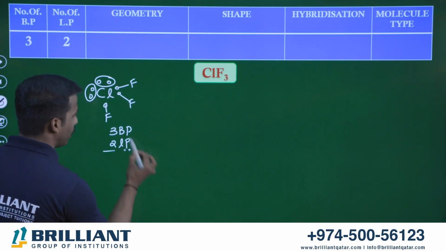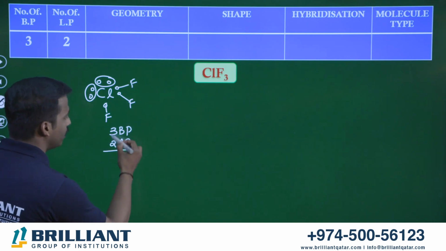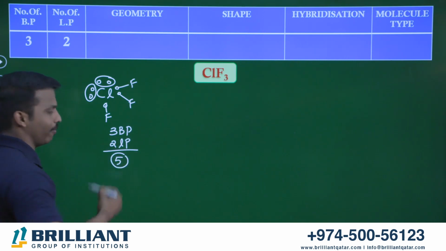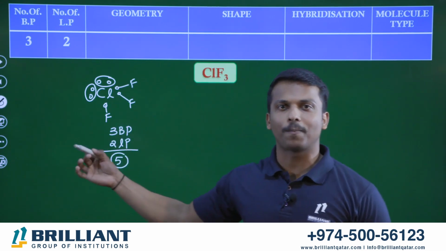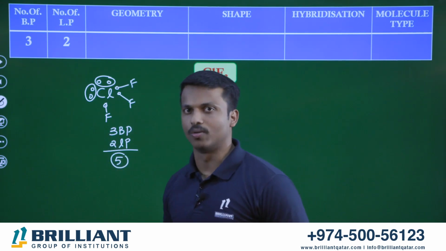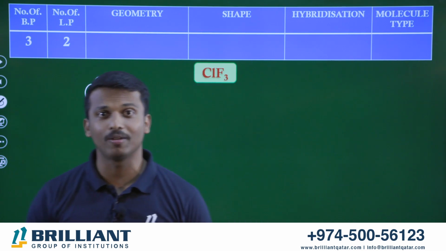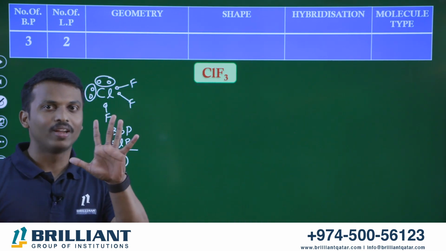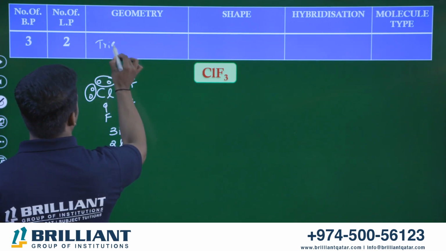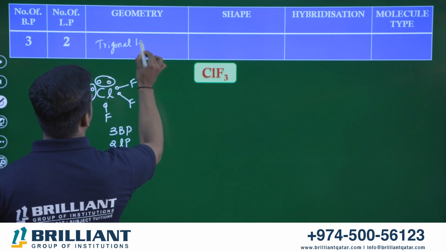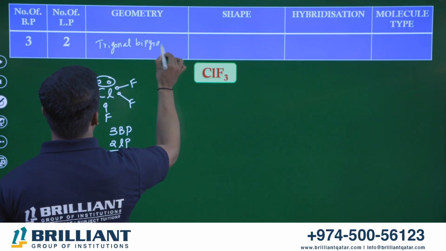Alright? Please take the sum to calculate the geometry. 3 plus 2 is equal to 5. If the sum of bond pair and lone pair is equal to 5, the geometry is called trigonal bipyramidal.